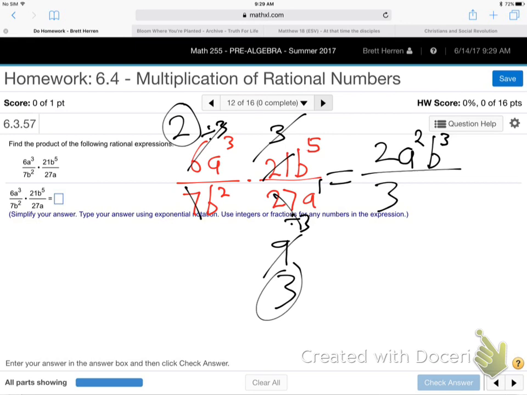B to the 3rd on the top. And there we go. Is that good? Also, the 3 stays on the bottom. Yeah, good point, that 3 has to stay on the bottom. Does that make sense? Questions on that one?